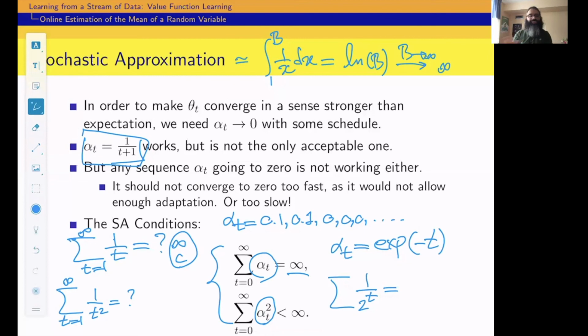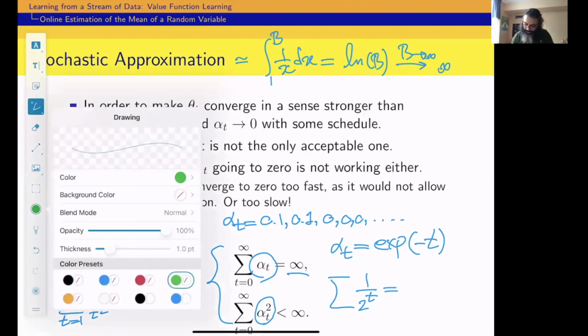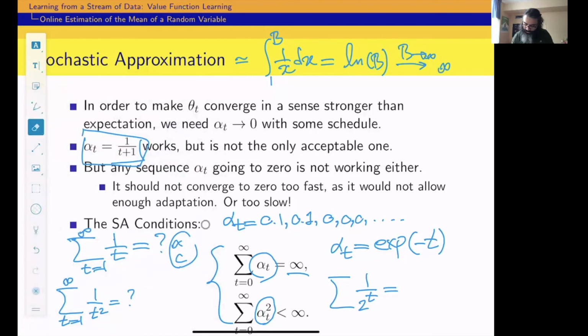So if you don't like the integral, you can also reason for the summation too. And for the second one, you can reason similarly that it's going to converge to some constant value. So this specific choice satisfies these conditions.